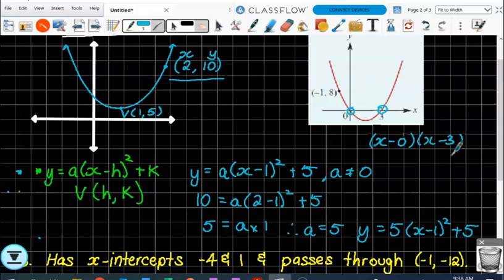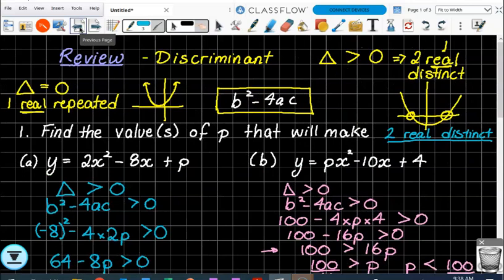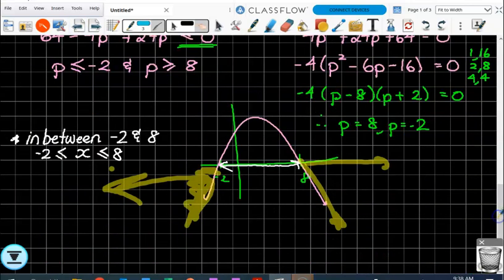You know how we solved a quadratic? When we solved a quadratic here, we went, my solutions are 8 and minus 2. What I'm telling you now is I'm giving you the solutions and you are putting them back into the factors. Does that make sense?